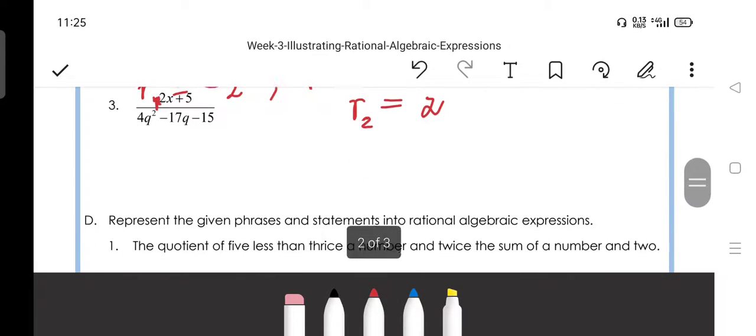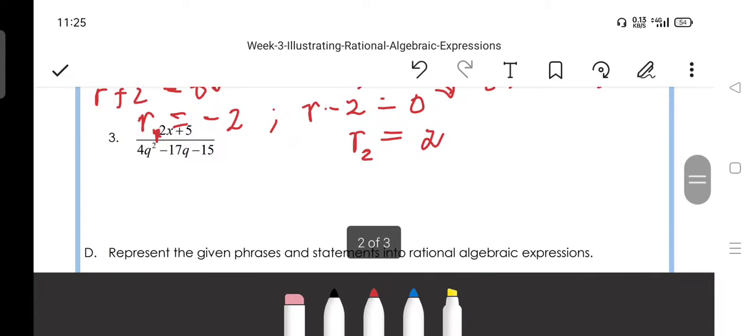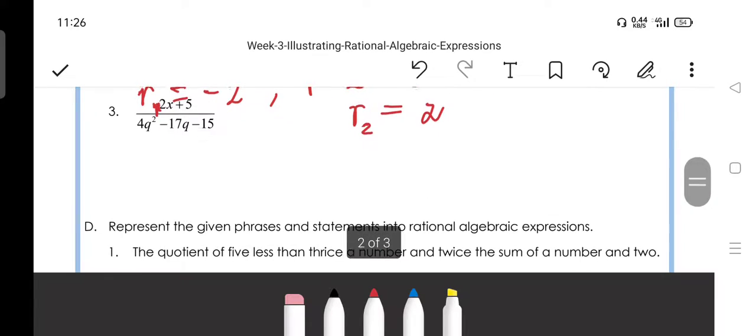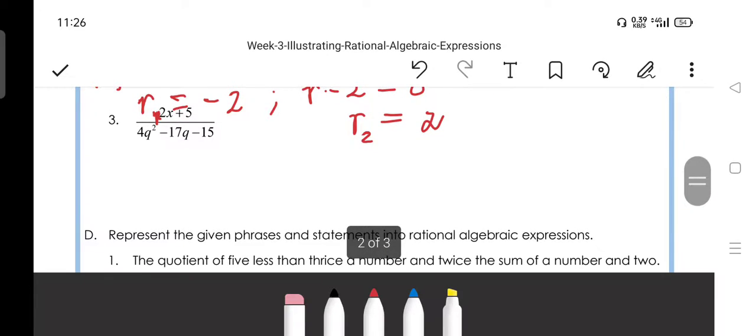Okay, and let's proceed to our next problem, number 3. Oh, in number 3, there is a typo error here. Okay, I made some mistakes here. Supposedly this is positive.